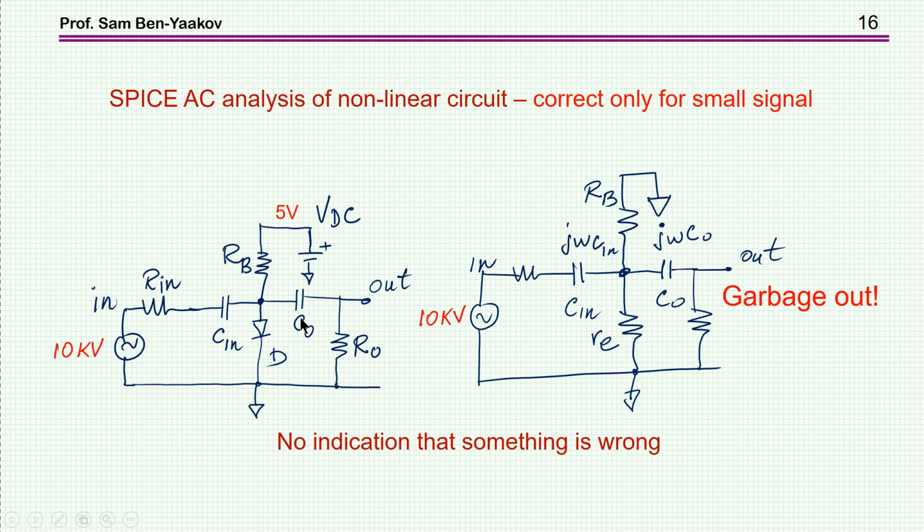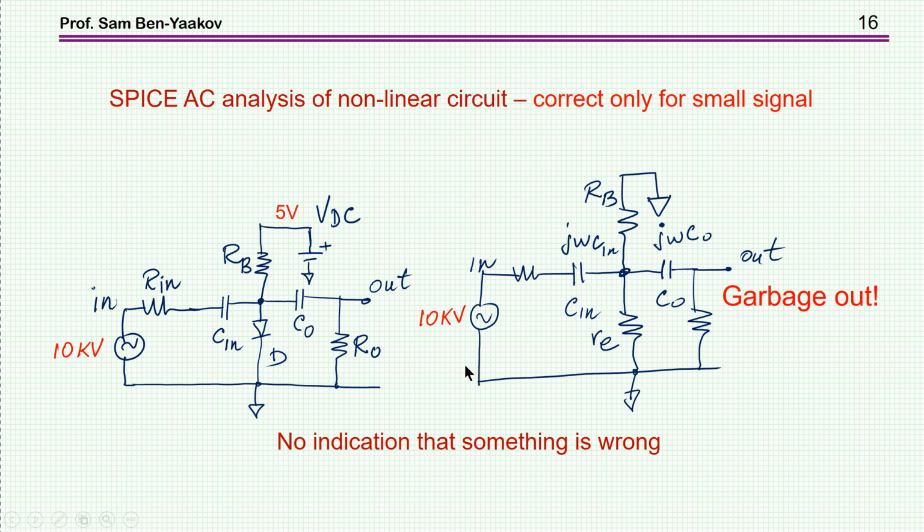If I feed this to SPICE, this is the linear circuit that SPICE will generate, and it will solve it. And obviously, you'll get here something like, I don't know, a couple of kilovolts or maybe hundreds of volts. But obviously, this is garbage, because if the signal is so high, this diode will go into cutoff and conduction, and the whole thing will be distorted completely.